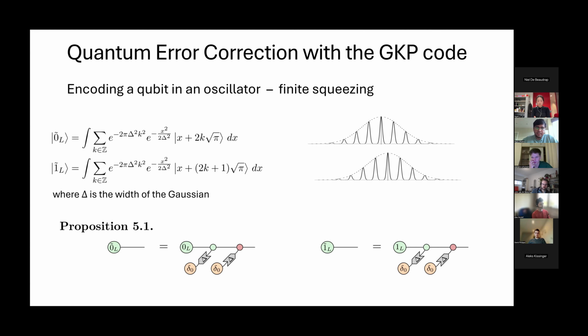To see that, you have this vacuum state, which is a Gaussian state, which you can squeeze using this parameter, which is the width of your Gaussian, and then you inject this Gaussian regularization in the Z basis, and also you need to do the same in the X basis because the GKP code is symmetric with respect to the bases. So with this diagram, you get a very nice picture of what this approximate squeezing is.